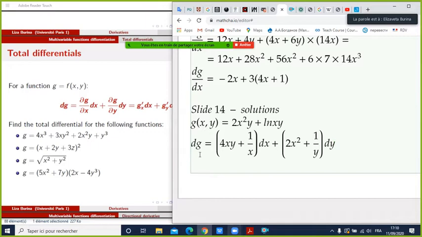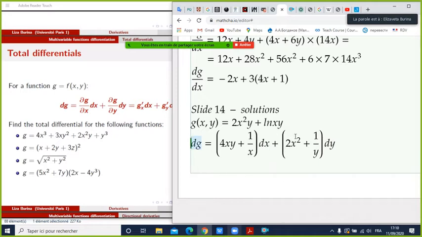That is the total differential, because this is the rate of change with respect to x, and we multiply it by how much x actually increased. This is the rate of change with respect to y, and we multiply by how much y actually increased. Again, this writing dx, dy means the increment.